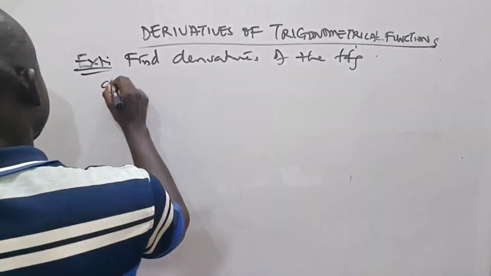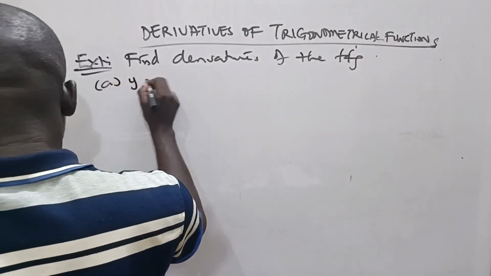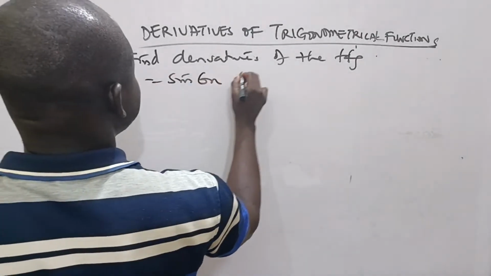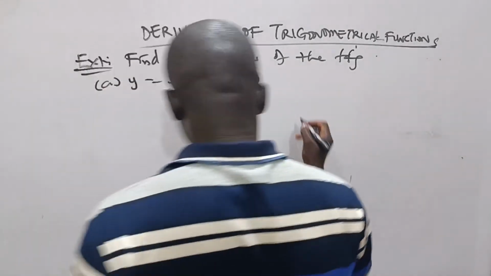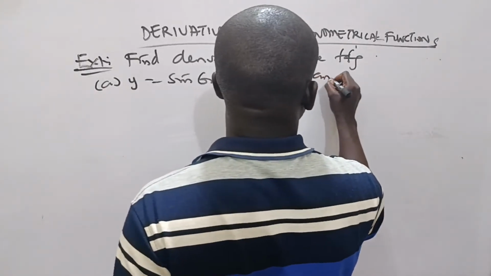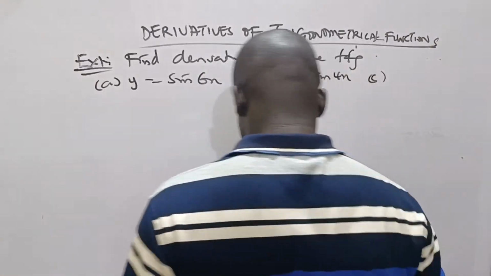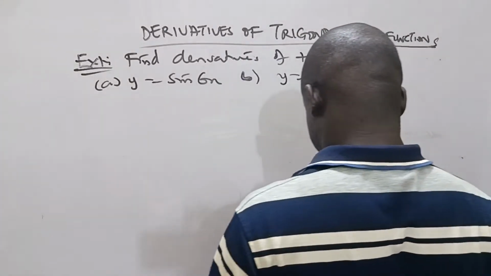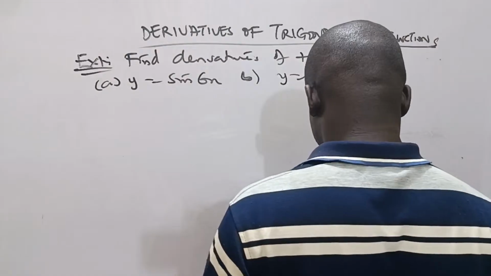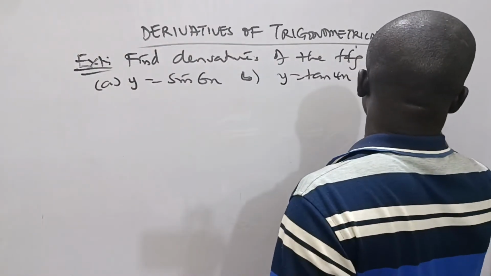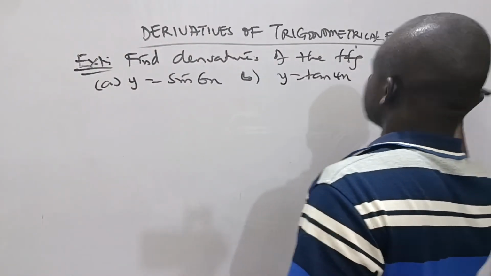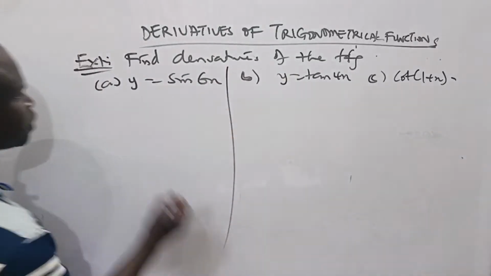The first one, A, when y is equal to sine 6x. Then B, y is equal to tan 4x. Then C, we can have a question in the form of, say, cot 1 plus x. Okay, so how do we solve this?